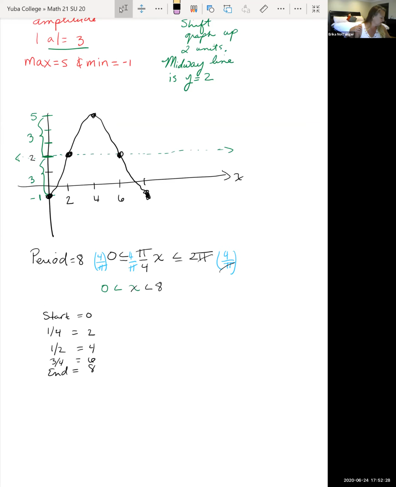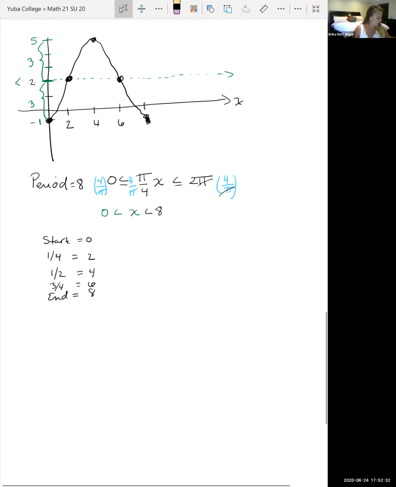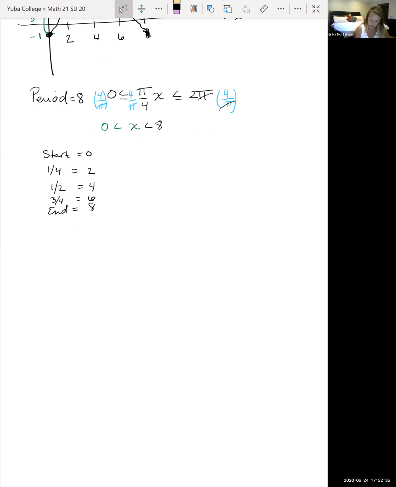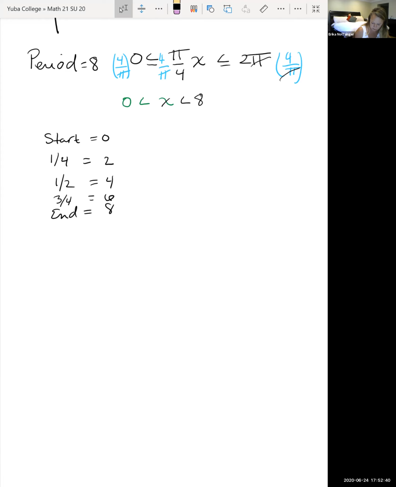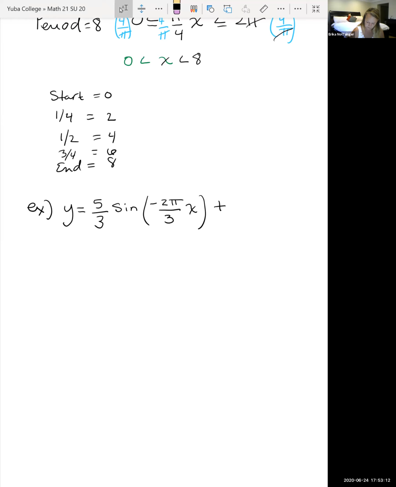You want a sine or a cosine? What if it was y is equal to 5/3 sine of -2 pi/3 x, and then let's say plus, I'm kind of coming up with one on my own, I don't know, let's make it a 2.